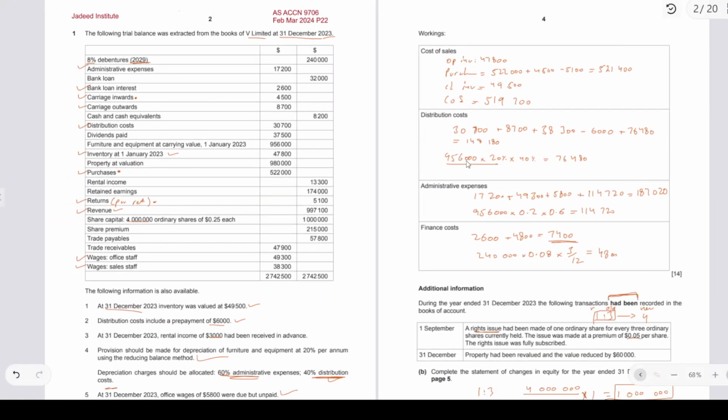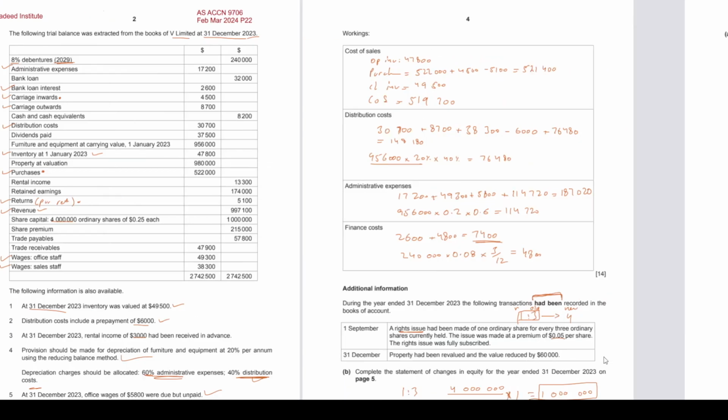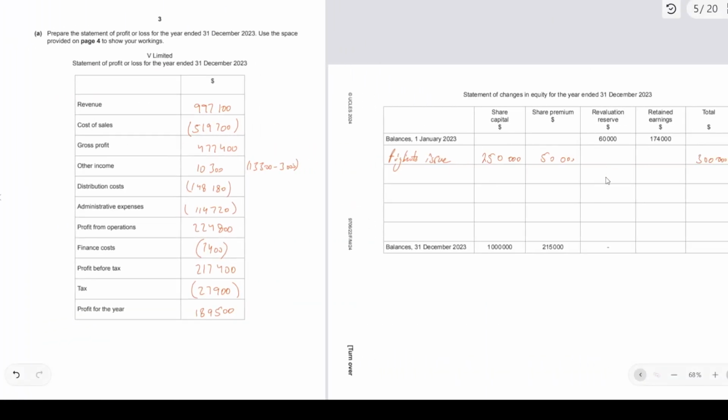Rights issue. And then property had been revalued and the value reduced by 60,000. Do we have any existing revaluation reserve? Only if we have an existing revaluation reserve are we going to deduct it out of this.